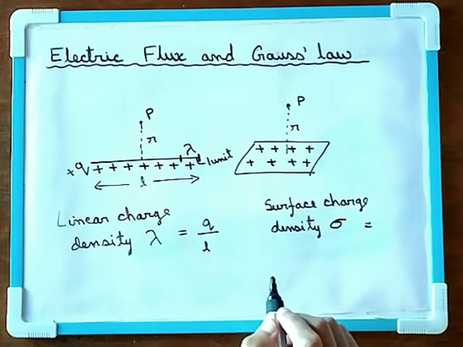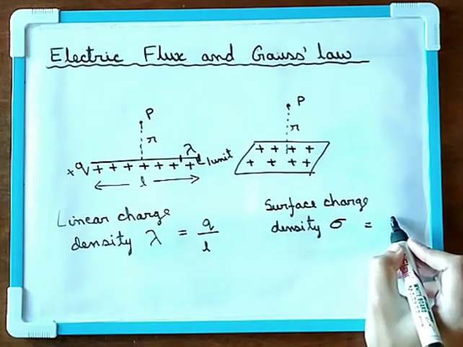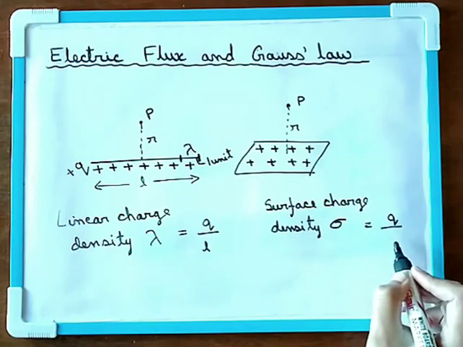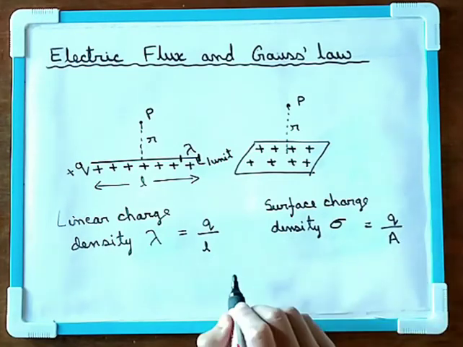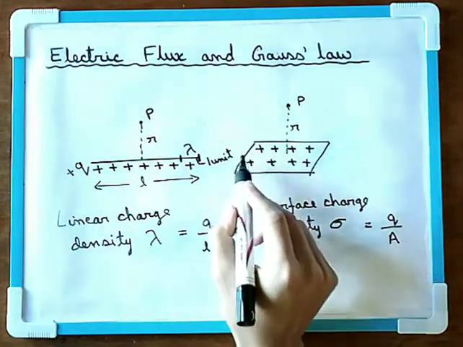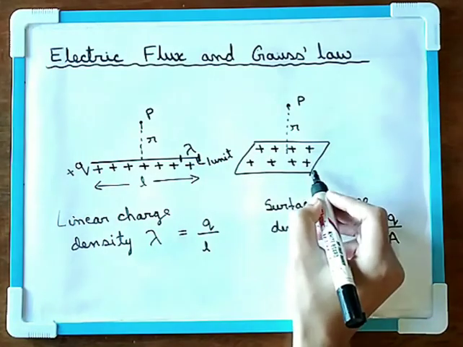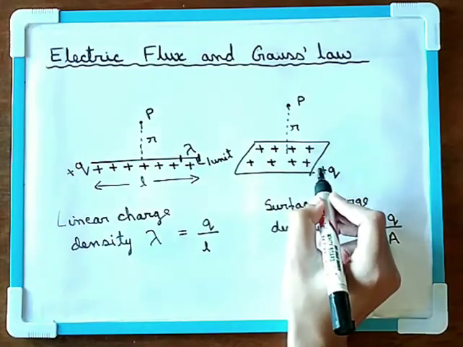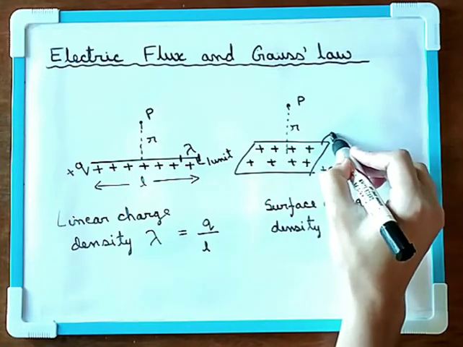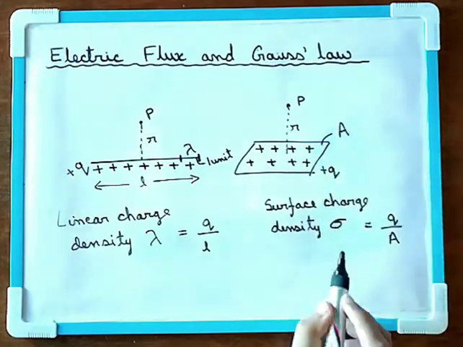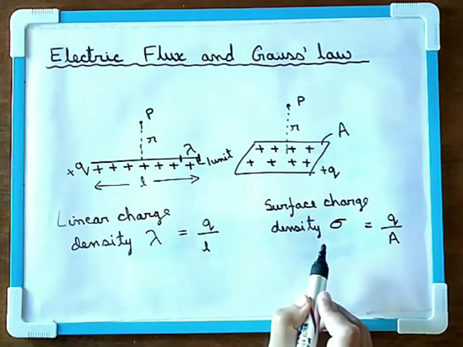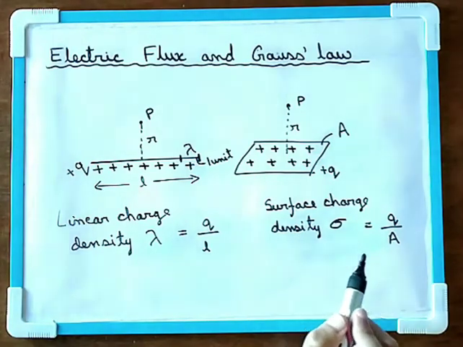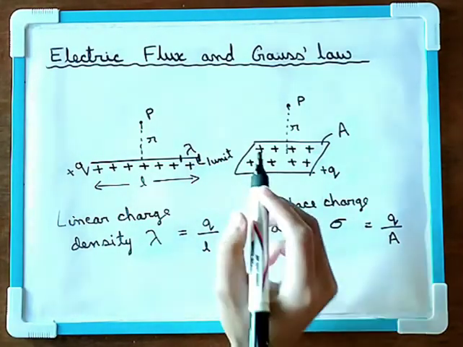And this surface charge density is the charge per unit area. Suppose here Q is the charge distributed on this area. Suppose here we have plus Q. This is the charge distributed on the area, and let this area be A. Then this surface charge density is the charge distributed per unit area.